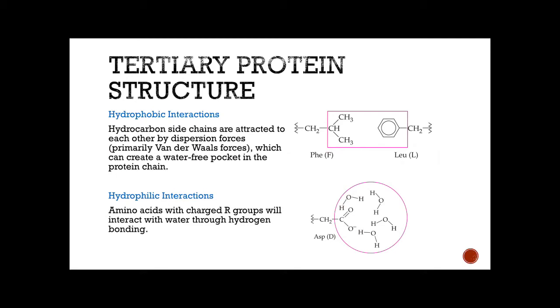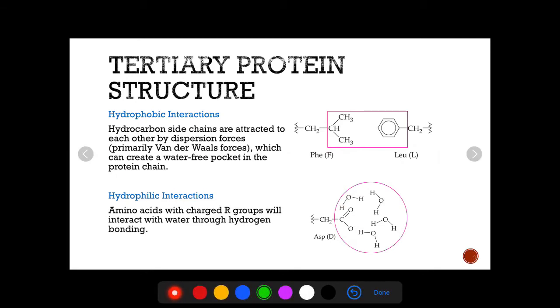So what these nonpolar R groups will do is cluster together, and here are two amino acids that have nonpolar side chains: phenylalanine and leucine.